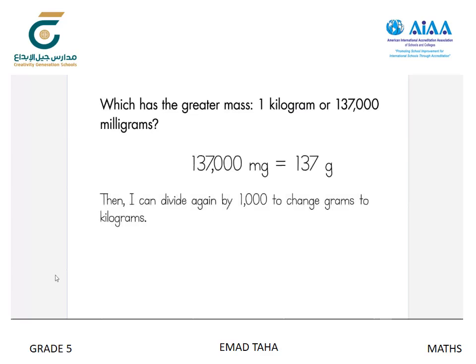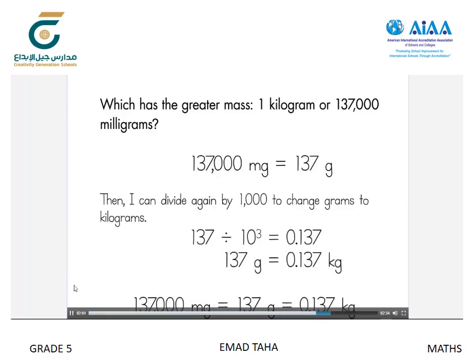Then they divide again by 1,000, or 10 cubed, to change 137 grams to kilograms. They find that 137,000 milligrams is equivalent to 137 thousandths kilogram. Since 1 is greater than 137 thousandths, these students also find that 1 kilogram is greater than 137,000 milligrams.